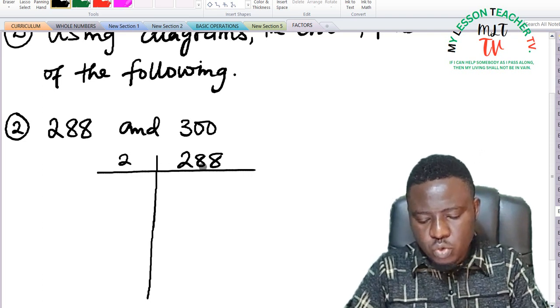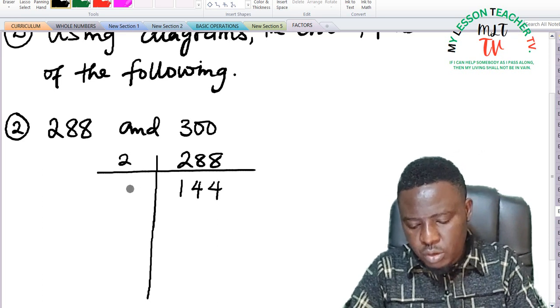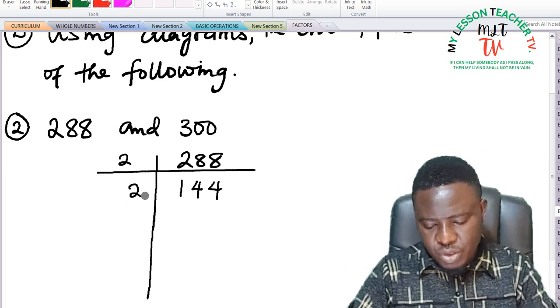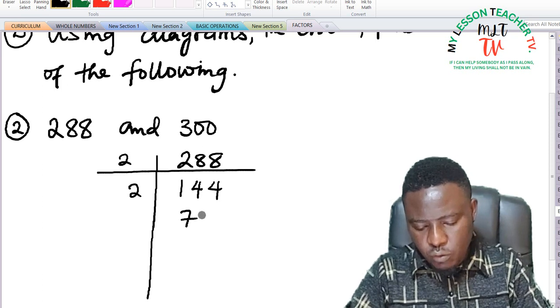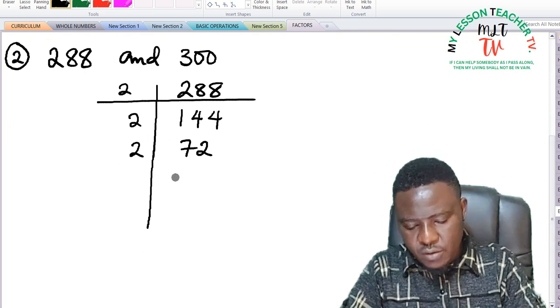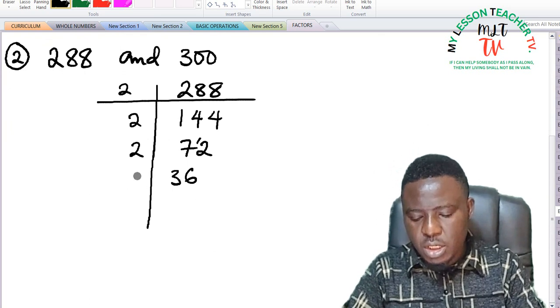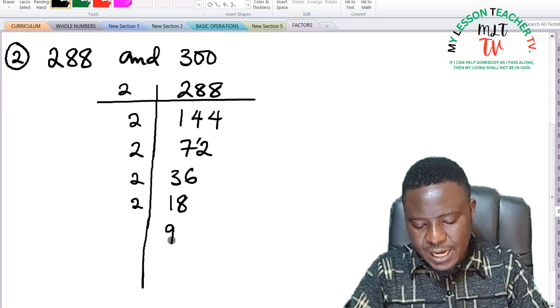So 2 into 2 is 1, into 8 is 4, into 8 is 4. 2 is still a factor for the same reason. 2 into 14 is 7, and 2 into 4 is 2. 2 can still divide. 2 into 7 is 3, remainder 1. 2 into 12 is 6. 2 can still divide. 2 into 36 is 18. 2 can still divide. 2 into 18 is 9.